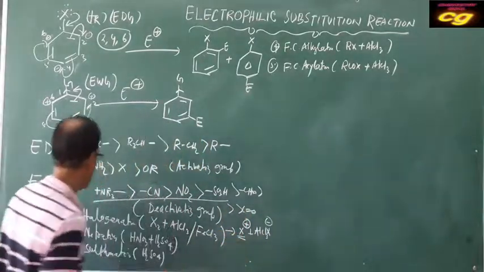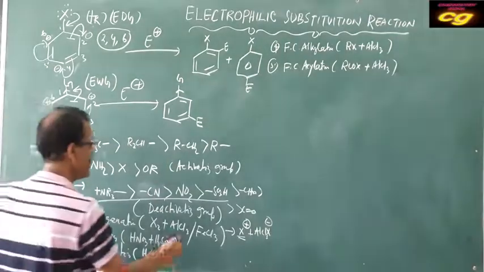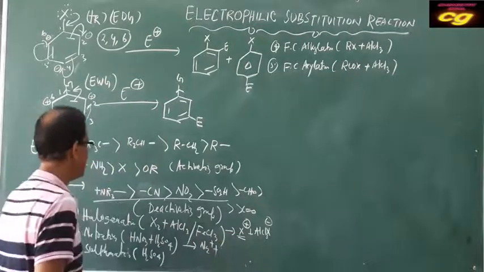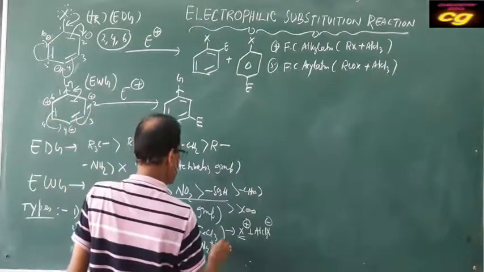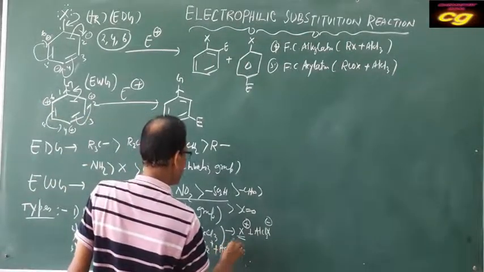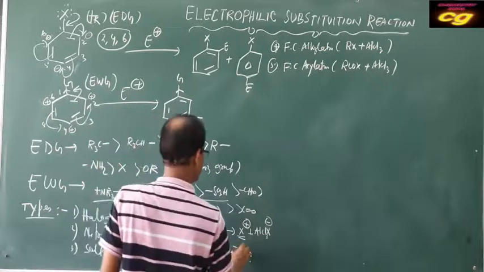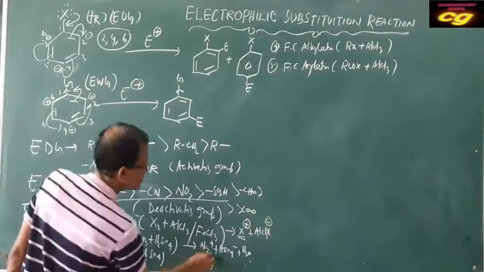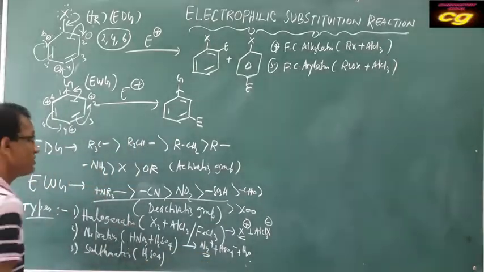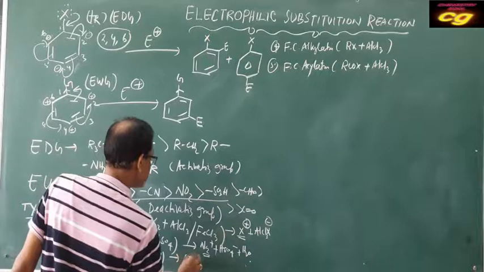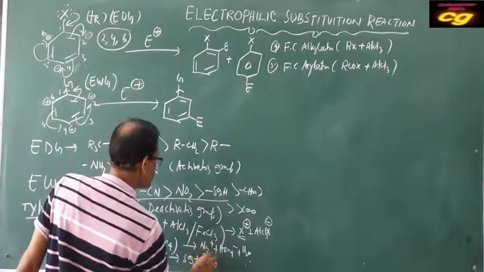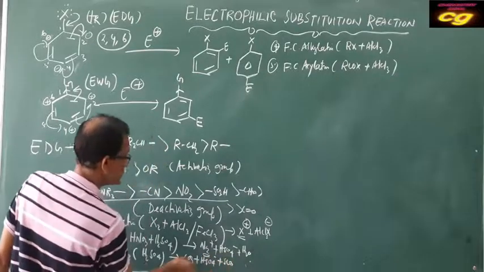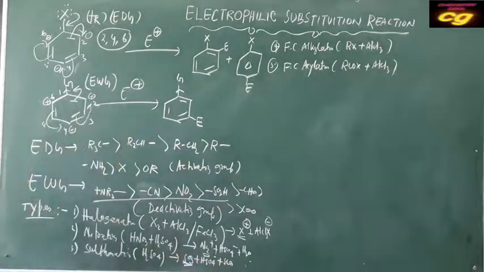This is the electrophile. But in nitration, what happens? NO2 plus is produced, then HSO4 minus, then water. So NO2 plus is your electrophile. Here sulfonation is very important: SO3 plus HSO4 minus plus water. So here SO3 acts as the electrophile.